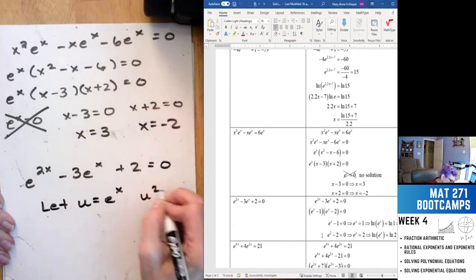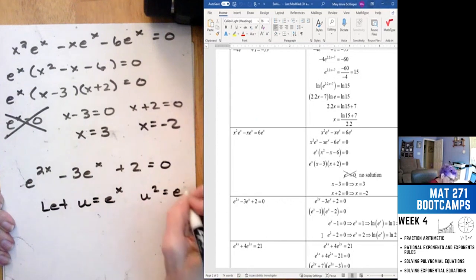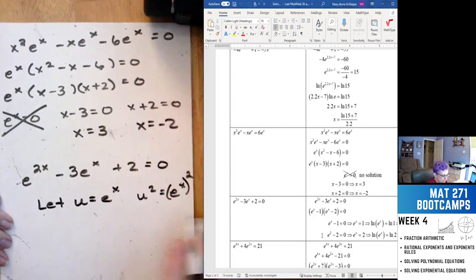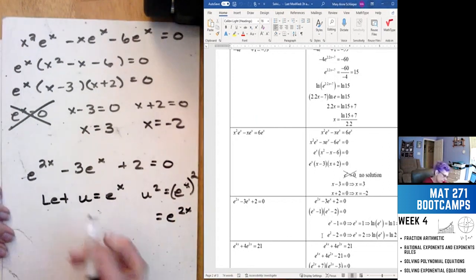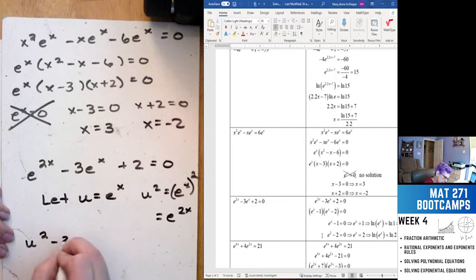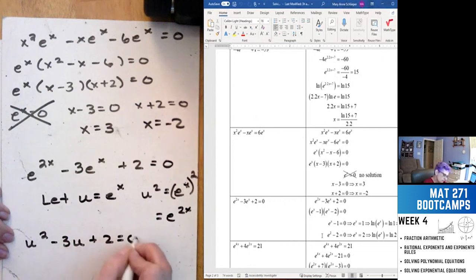Then u squared would be equal to e to the x squared, which we learned earlier means multiply those exponents, e to the 2x. So what I have here is u squared minus 3u plus 2 equals 0.